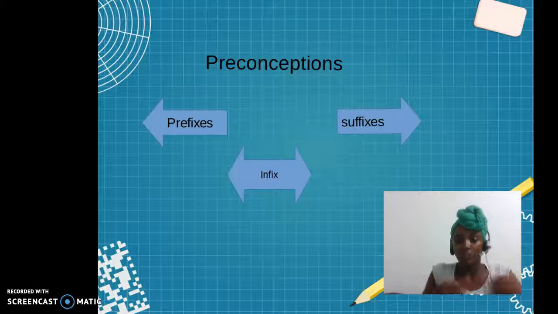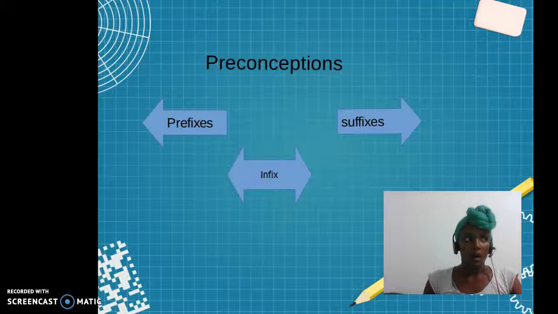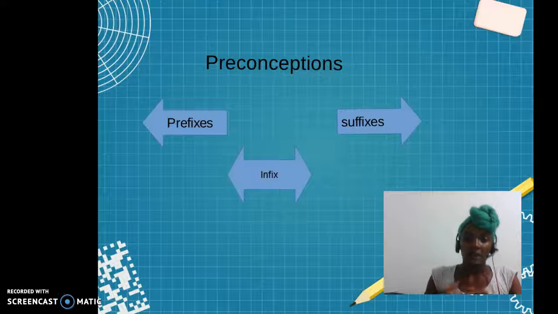Affixes can assume different names depending on where they are placed in the word.